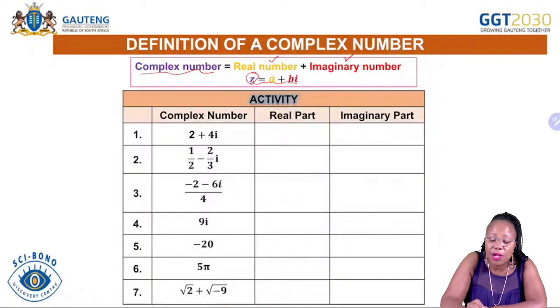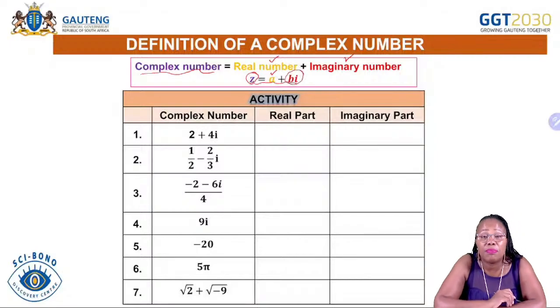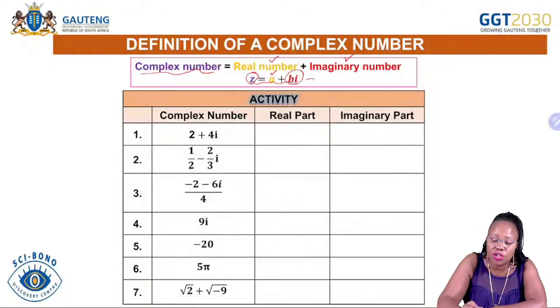The real number in your formula is the A value, and the imaginary number is the one that is indicated by BI there. So the formula for the complex number is Z equals A plus BI. We will be working with this mostly in this chapter, grade 12, using that notation Z equals A plus BI. And this notation, we call it the rectangular form.